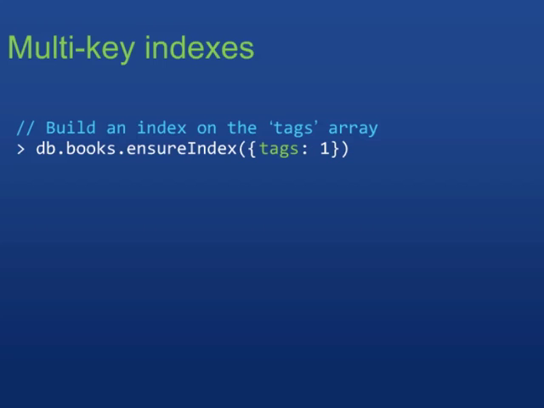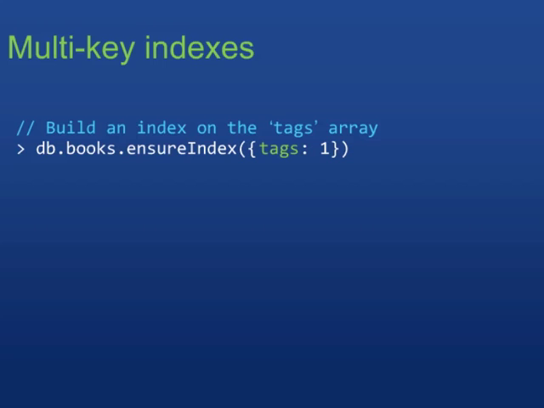Now, what's interesting here is in a relational database, if I wanted to store a set of tags on an object, typically what I would do is I would set up a second table, say a tags table, and I would have a foreign key that refers to an element in my books collection, and if I had 5 tags, I might have 5 rows in that table that refer back to the book. But in MongoDB, I can store arrays natively inside of the parent book document. There's no need to create a second collection.